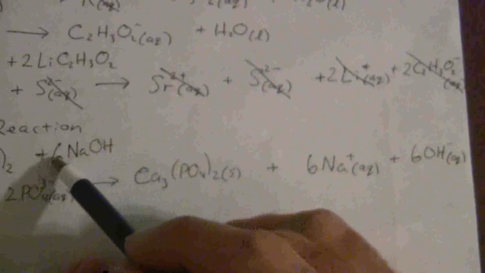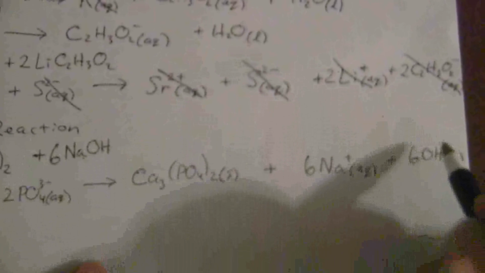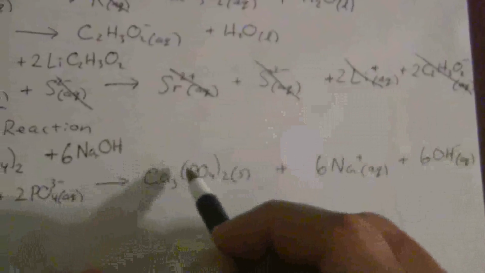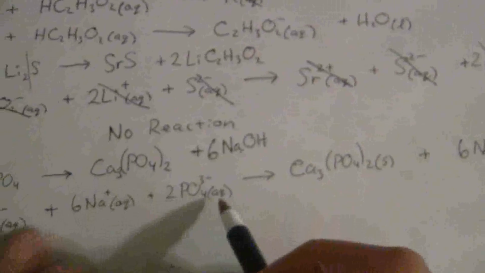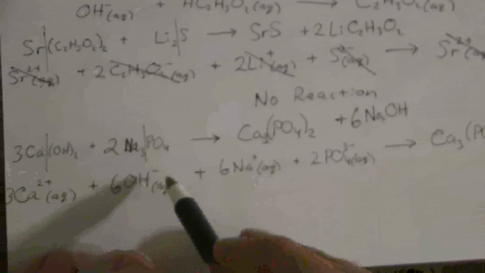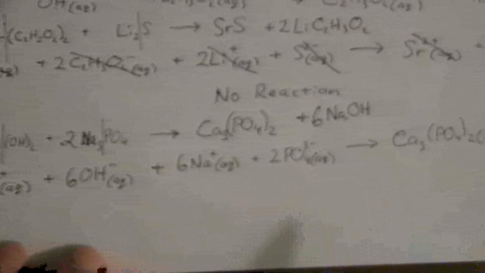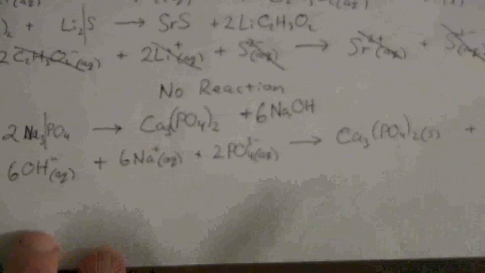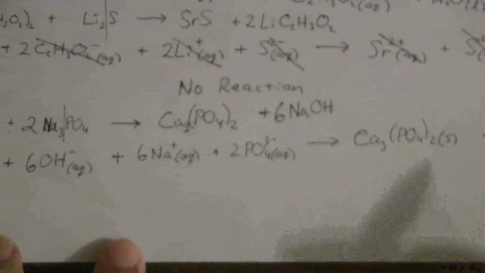Okay, again, 6 sodium ions, 6 hydroxide ions. Don't try to separate the polyatomic ions. You leave those together. Polyatomic ions won't separate in the solution, but the ions themselves separate from each other. Okay, so that's our complete ionic equation.